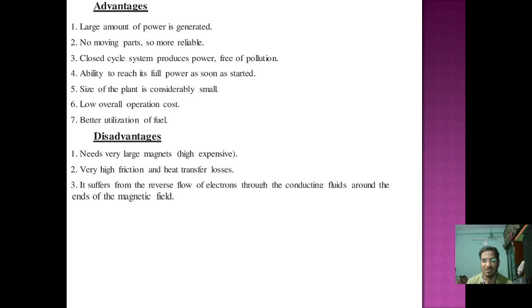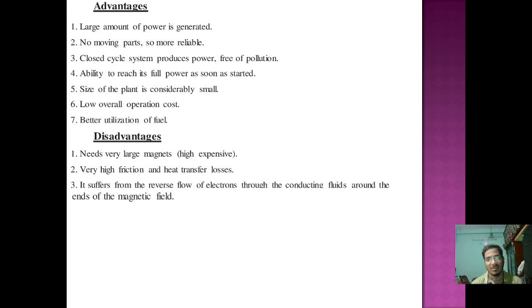The disadvantage is that it needs very large magnets. Here we have to use large magnets, which is highly expensive for producing the energy. Very high friction will take place.